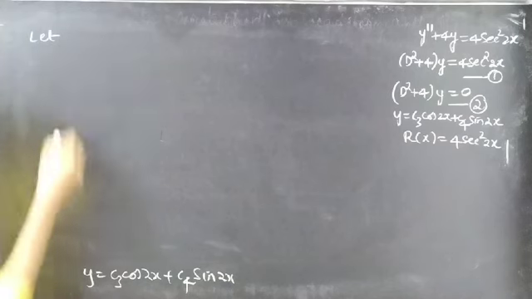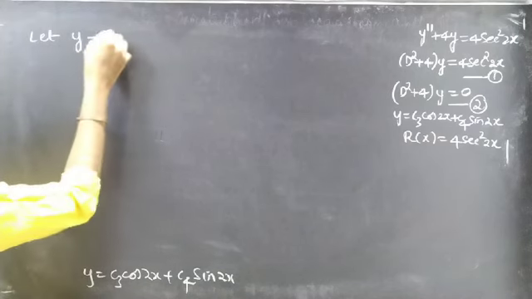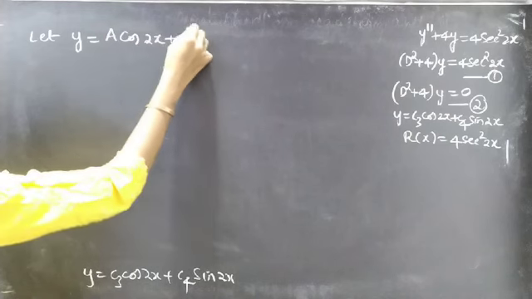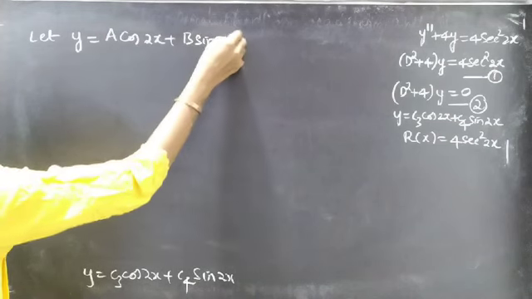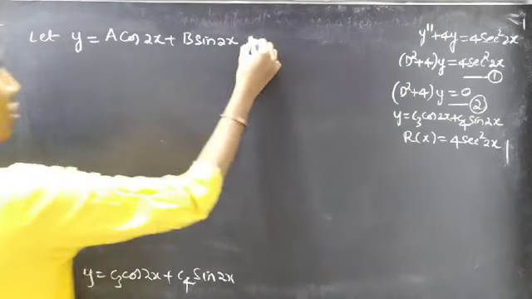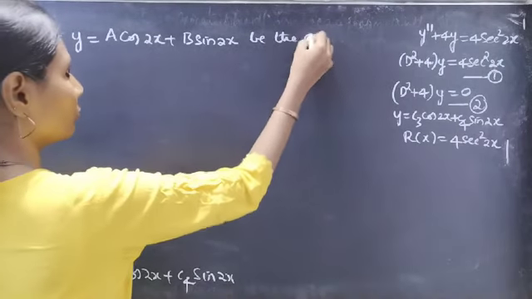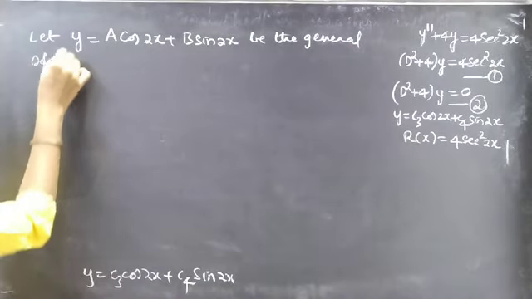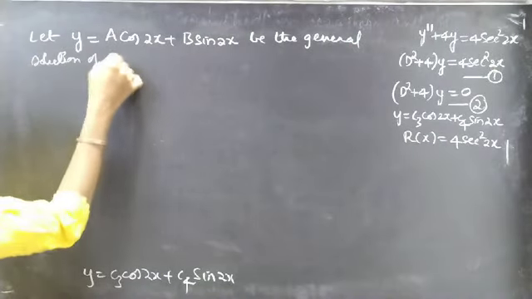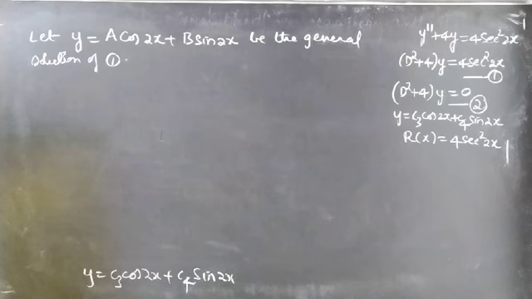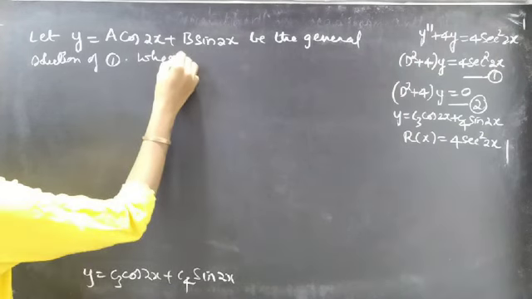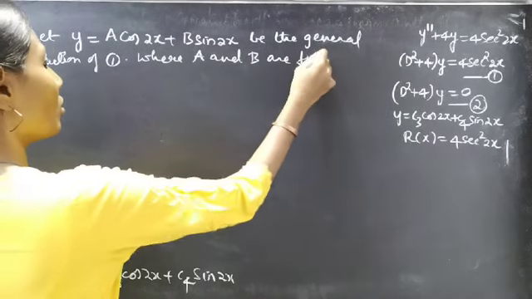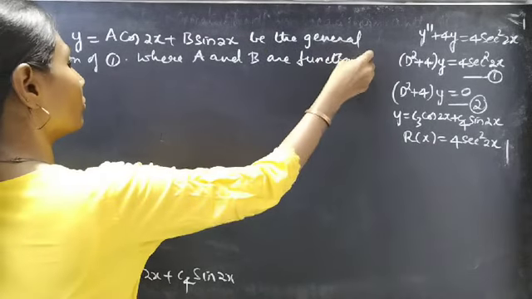Let y equal to a cos 2x plus b sin 2x be the general solution of the given differential equation, where a and b are functions of x.